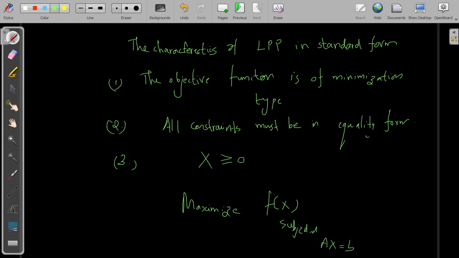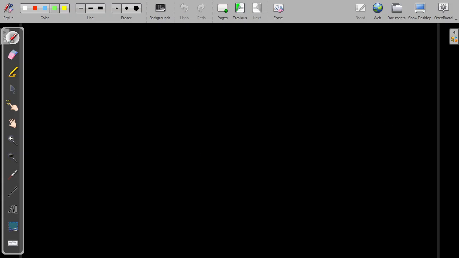Any LPP can be expressed in standard form by using the following steps. First, the maximization of a function. If the examiner asks you to find the maximization of an objective function, then you have to convert it into a minimization problem.